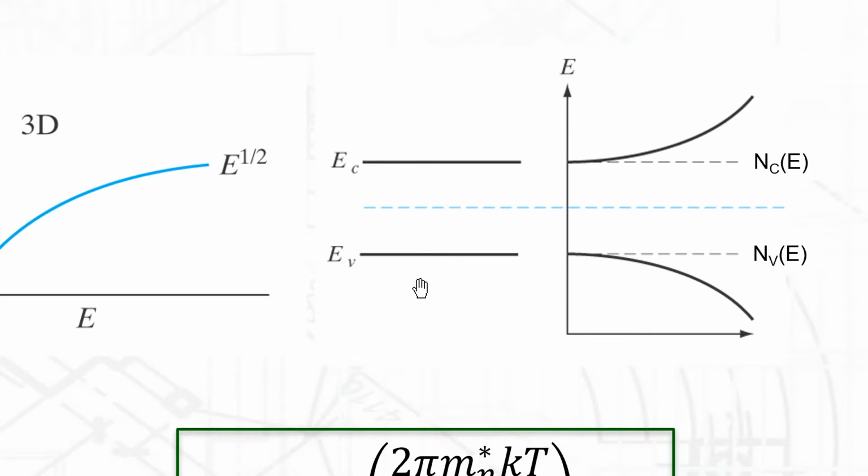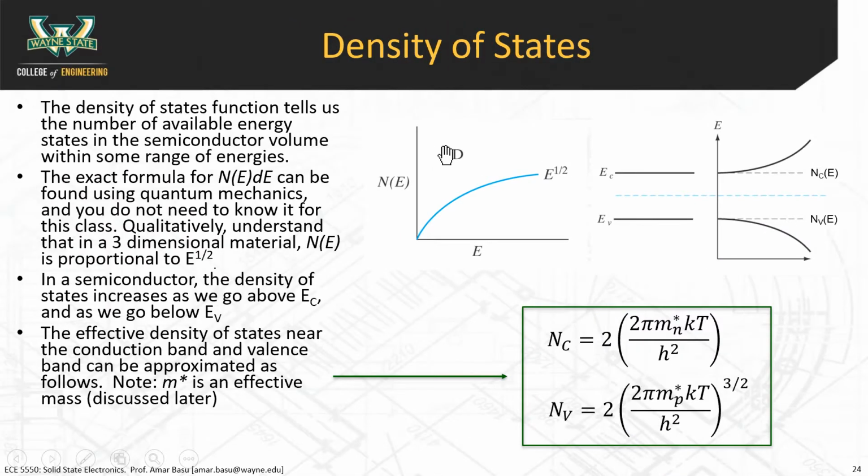What is the actual density of states? The density is actually not constant. If we look at EC, for example, it turns out that the density of states increases as you go to higher energies. You remember how before we were drawing energy states as lines?